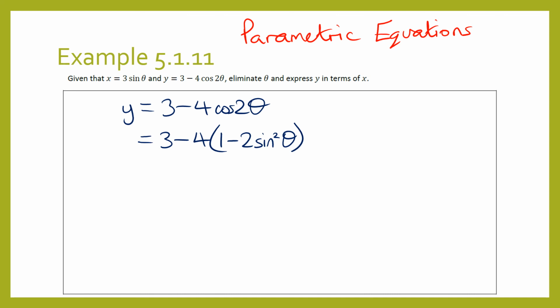That's because from the other equation, x equals 3 sine theta, it's got a sine theta in there. So I can rearrange the other equation. So x divided by 3 will equal sine theta. And then replace sine theta in what I've got here.